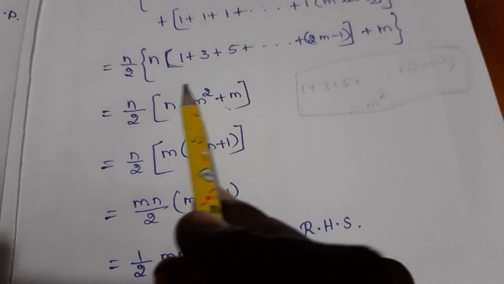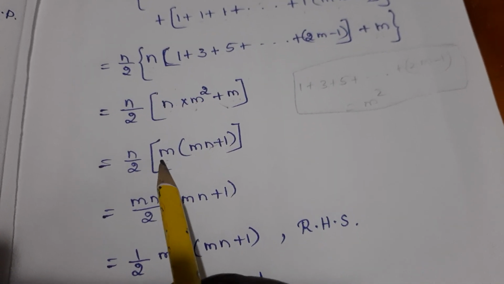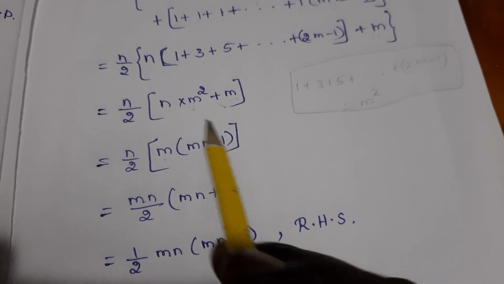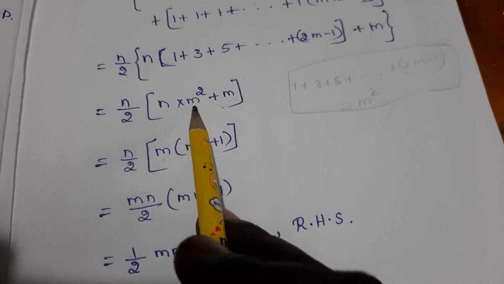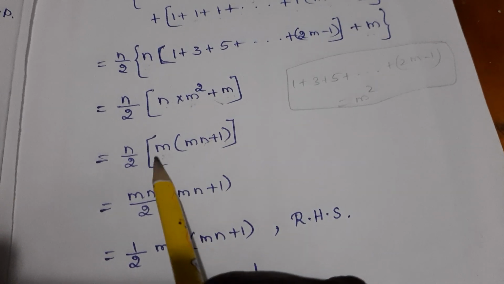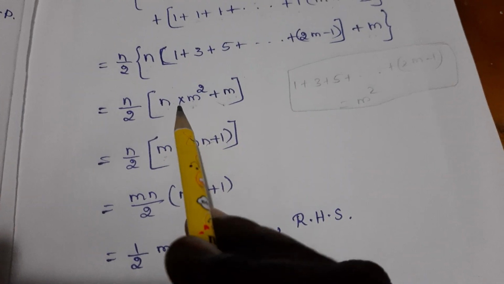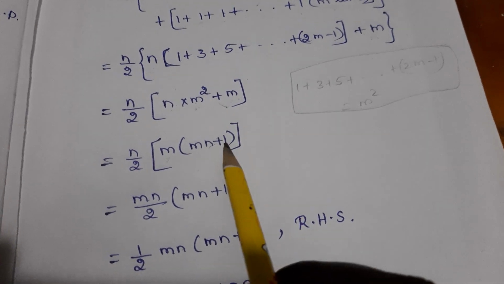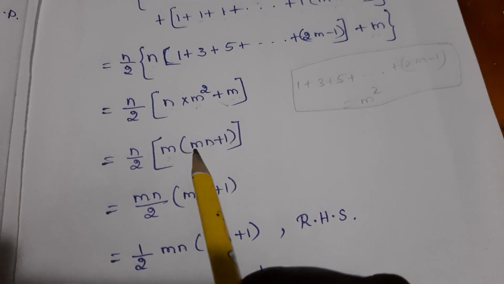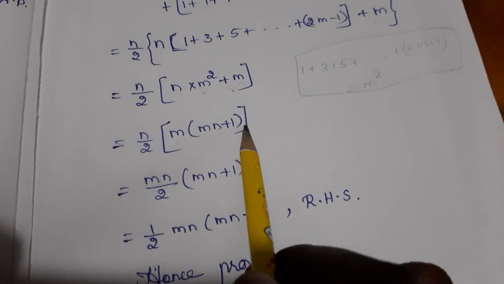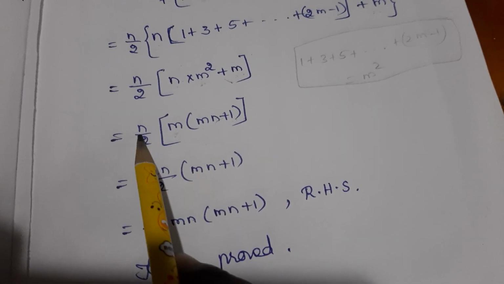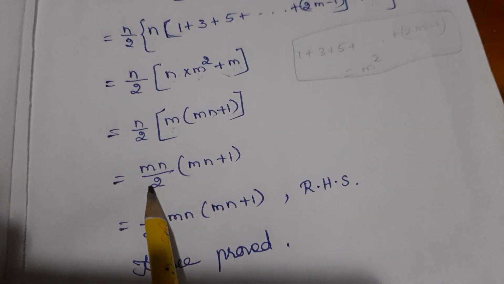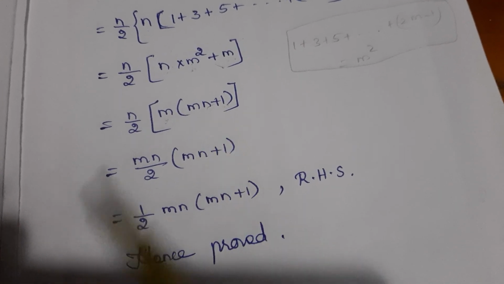So this bracket we can write in this way: m into (mn plus 1). The reason is we have m common in both the terms, you take it outside. So the first term will change as mn and the second term we have only 1. So m into (mn plus 1). Okay. Now you take this m with this n. So mn by 2 into (mn plus 1).